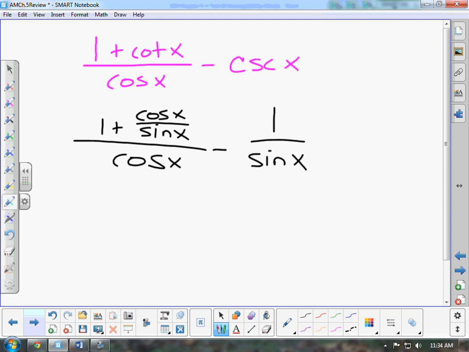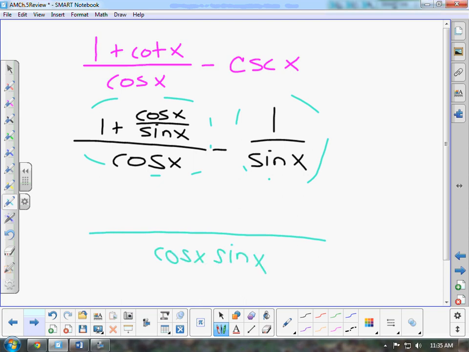Now in order to combine these two fractions, we need a common denominator, which in this case would be cosine of x, sine of x. We have to multiply this by sine of x to get to cosine x, sine of x, so we need to multiply the numerator by it as well. Sine of x times 1 is sine of x.